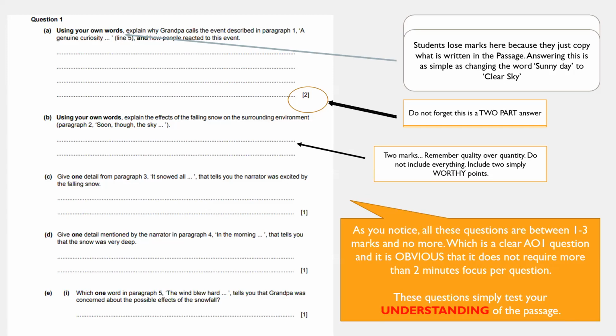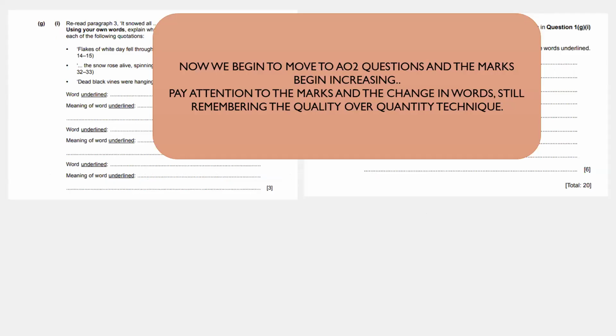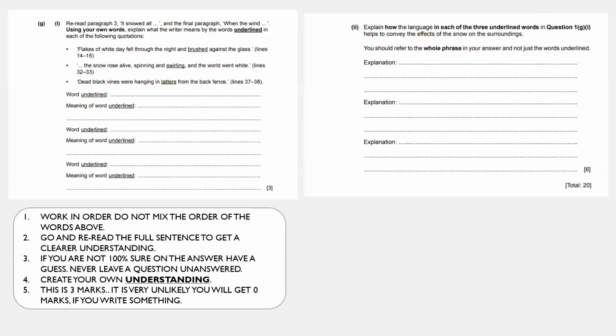So what you should do is work in order. Don't mix the order of the words above. You should go in and read and reread the full sentence to get a clearer understanding. If you're not 100% sure on the answer, have a guess, but you should never leave a question unanswered.